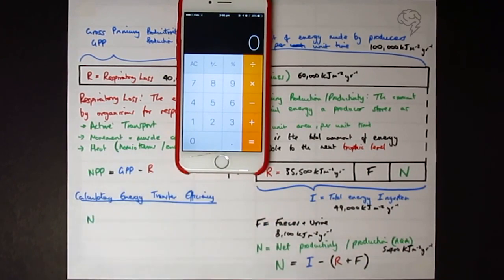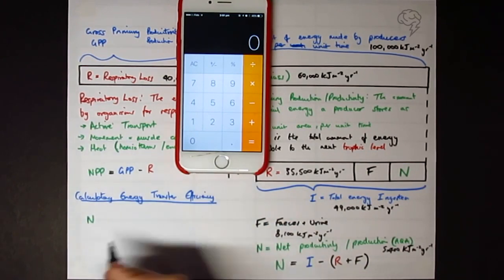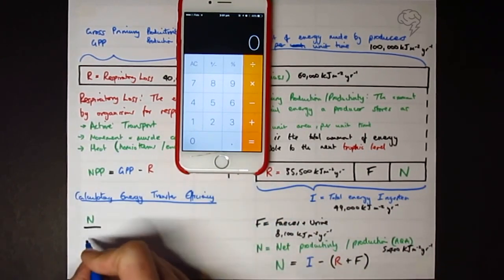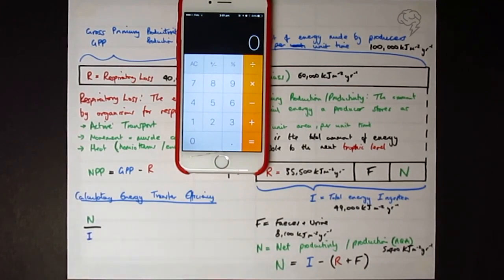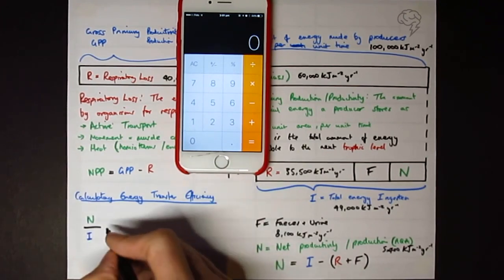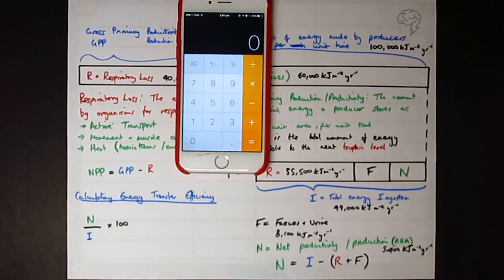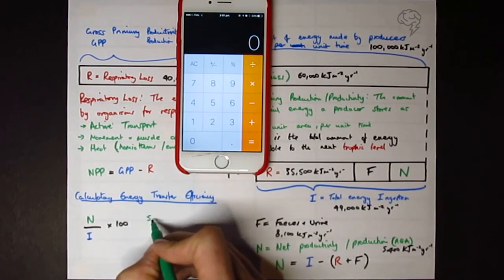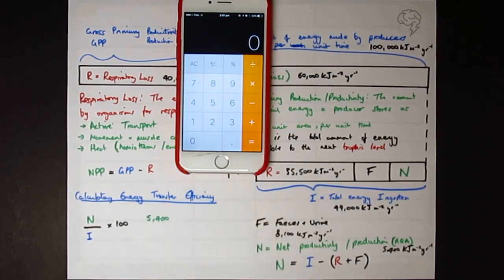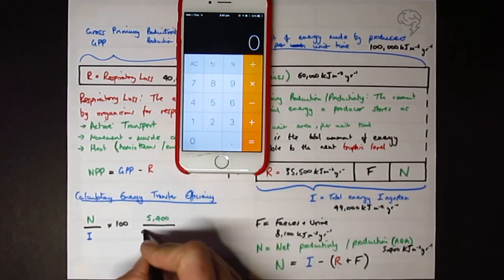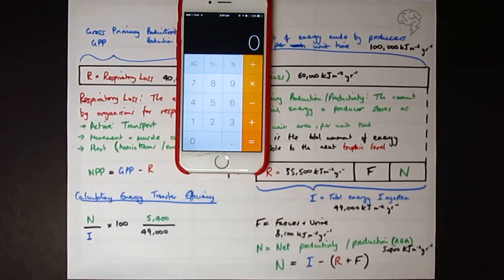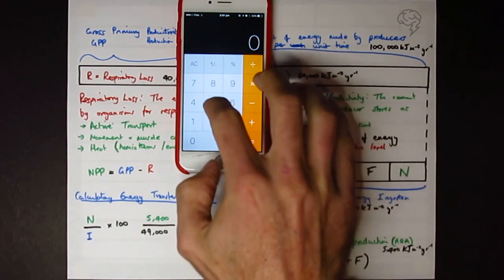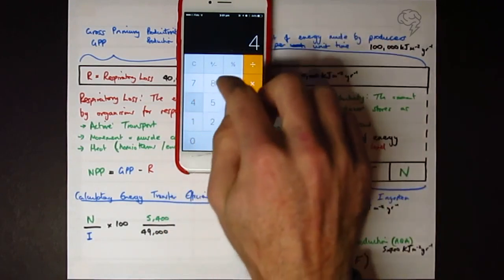We're going to divide it by the total energy that's gone into the system, which is I. And we're going to times this number by 100 to get a percentage. So let's look at these numbers. In this example, we're going to have 5,400. We're going to divide it by a total of 49,000. And then we're going to times this whole thing by 100. So let's see what that comes out as.